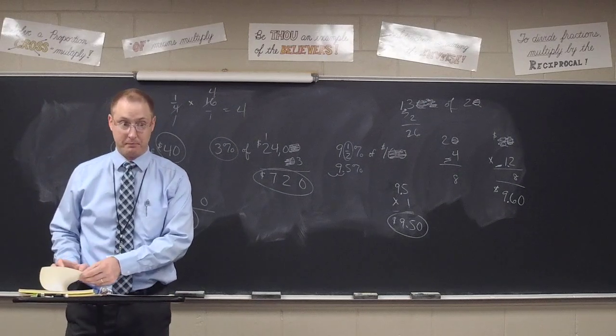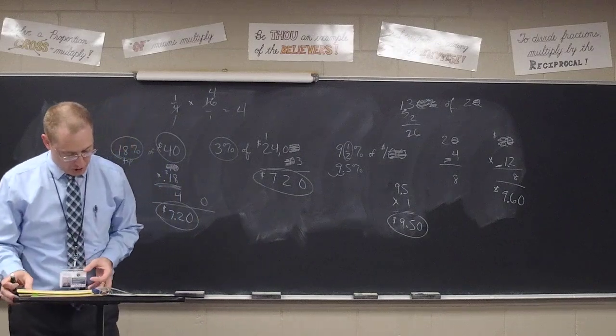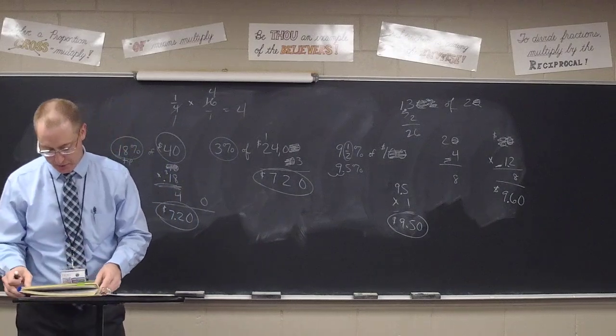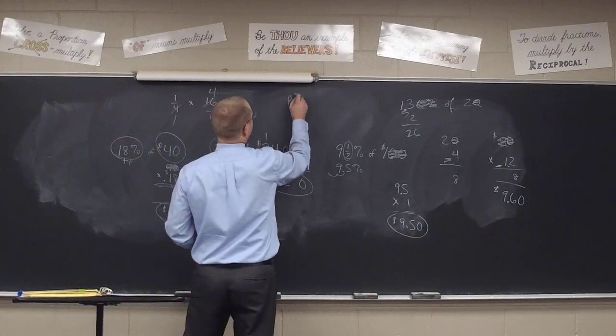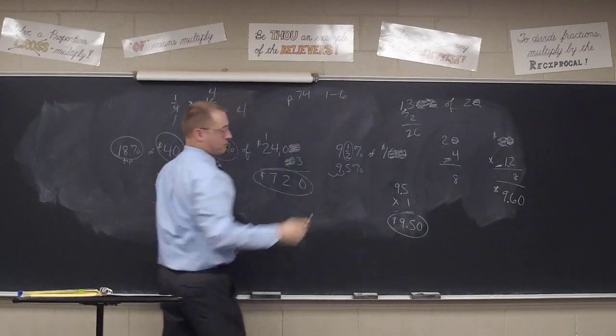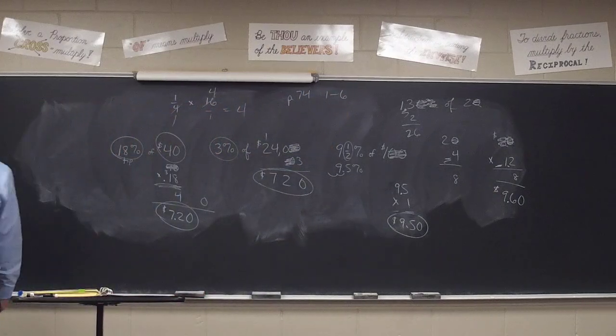Questions on that? Turn the page. I want you to do numbers 1 through 6 at the bottom of page 74. If you finish early, spend a few minutes looking over table A, but finish 1 through 6 first.